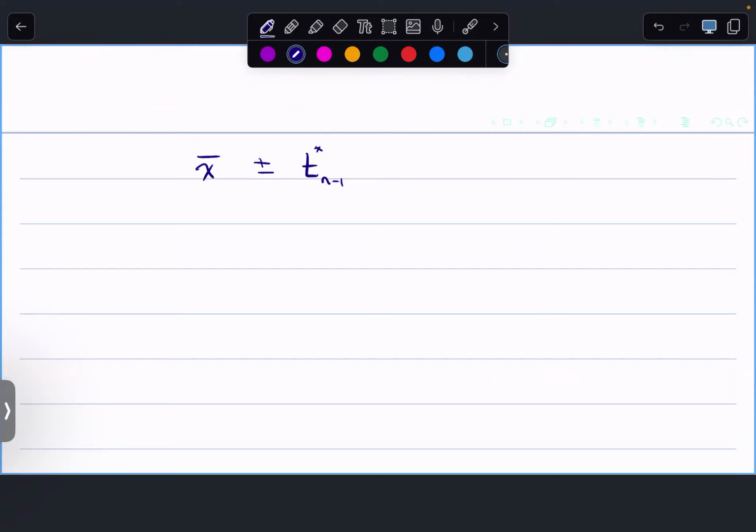Technically, it should be there just to indicate the degrees of freedom, but sometimes or often I drop it, times s over root n. Okay. We have X bar, we have s, and we have n.